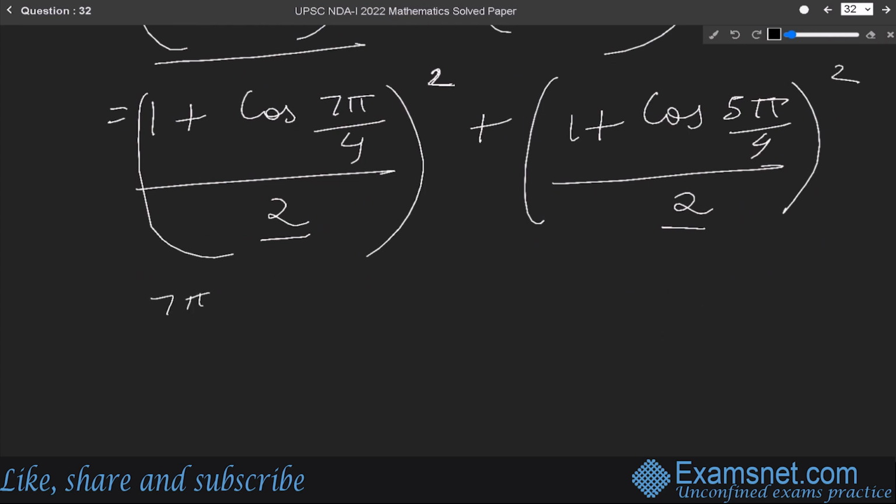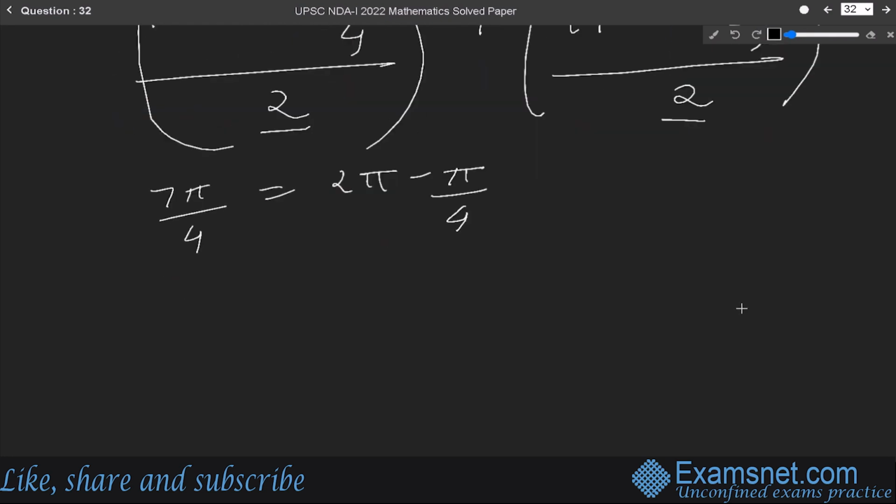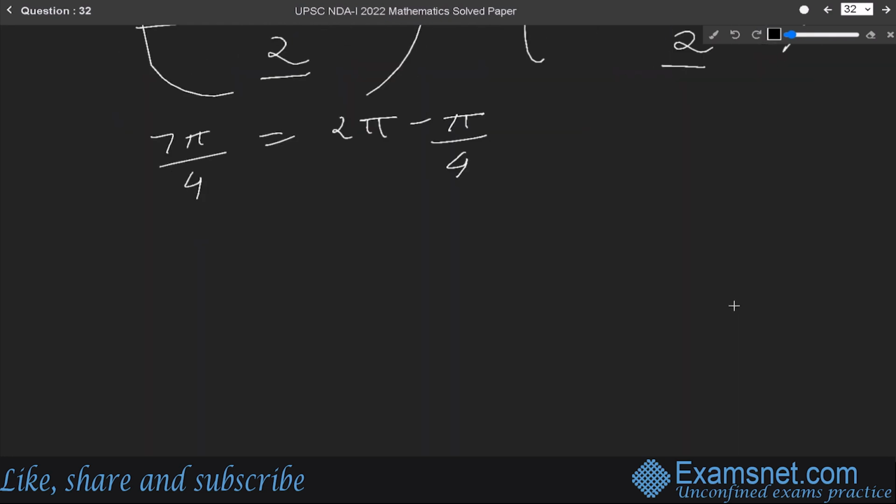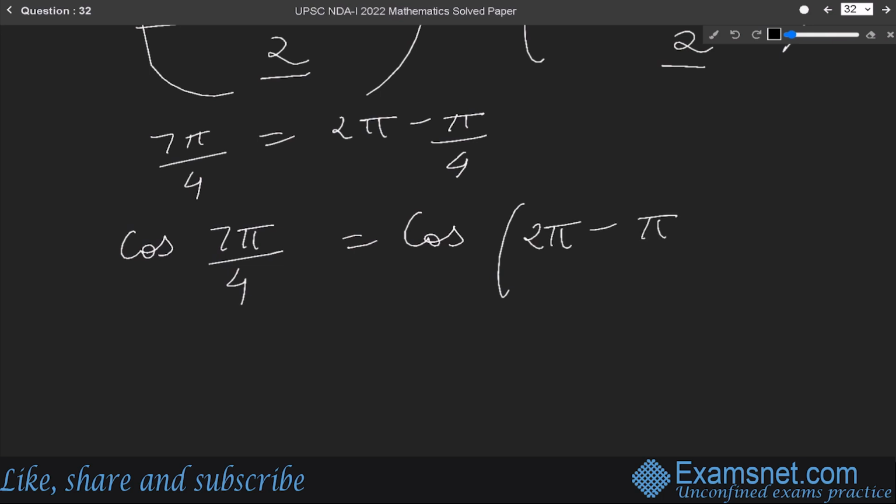7 pi by 4 can be written as 2 pi minus pi by 4, because when we solve 2 pi minus pi by 4, we will get 7 pi by 4. Now, if we put cos on both sides, we get cos 7 pi by 4 is equal to cos (2 pi minus pi by 4).